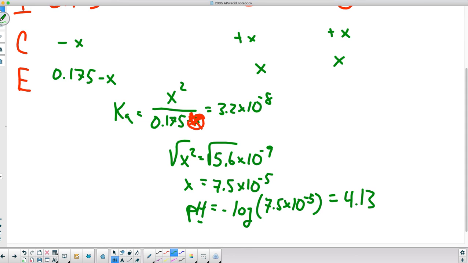This pH is the brand new Chapter 16 thing, along with getting rid of the minus x on the bottom when we do the Ka part.